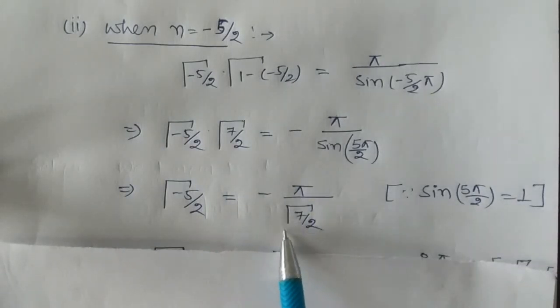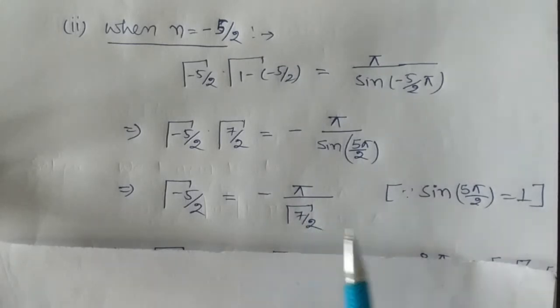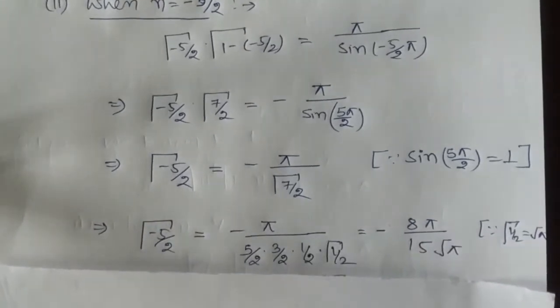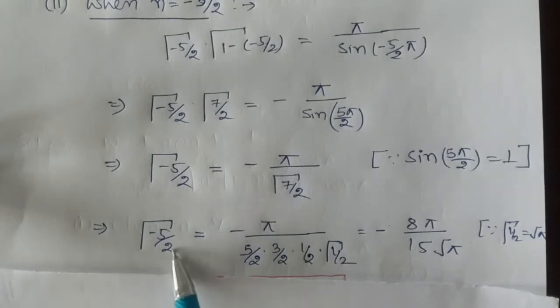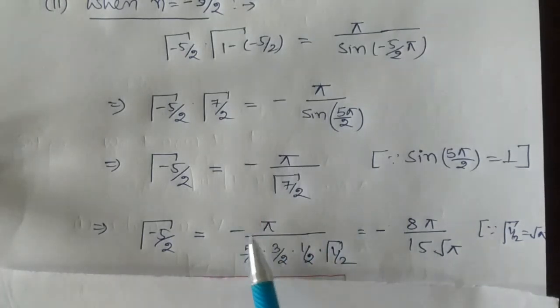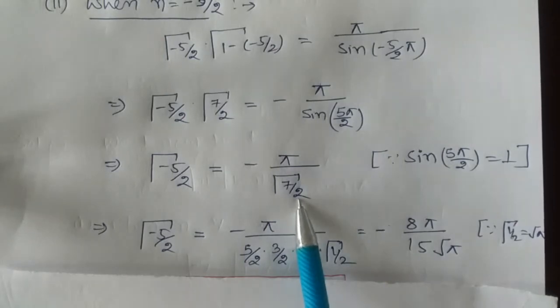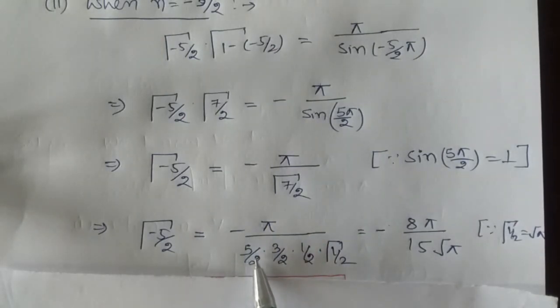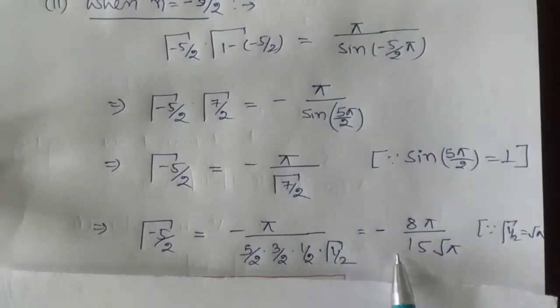Now we expand gamma 7 by 2 using the relation gamma n plus 1 is n gamma n. So we have gamma minus 5 by 2 equal to minus pi upon gamma 7 by 2, which becomes 5 by 2 gamma 5 by 2, gamma 5 by 2 becomes 3 by 2 gamma 3 by 2, gamma 3 by 2 becomes 1 by 2 gamma 1 by 2, which is equal to 8 pi upon 15, and gamma half is root pi.